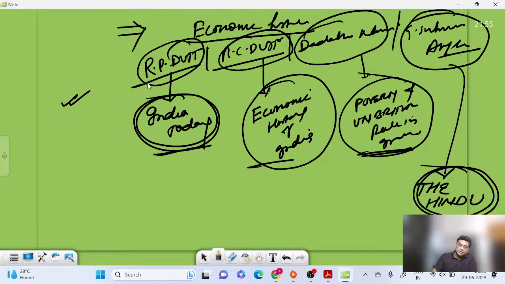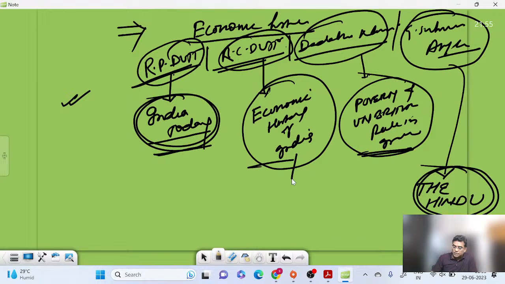These are the great stalwarts whose work was really inspiring. R.P. Dutt wrote India Today. R.C. Dutt was an ICS officer and a great economist. He wrote Economic History of India.